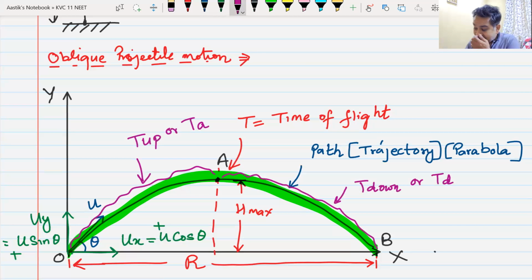What is the relation, my dear friends, between TA and TD, or time taken to go up and time taken to come down? What is the relation between time of ascent and time of descent?